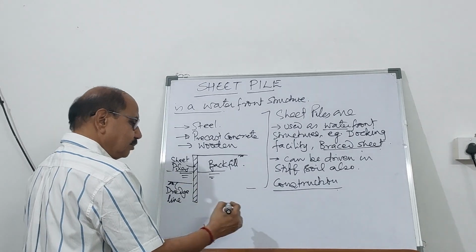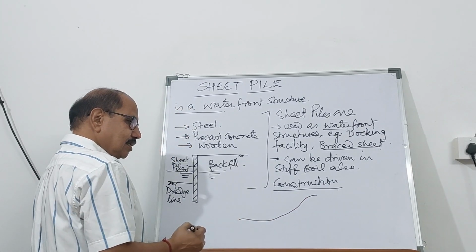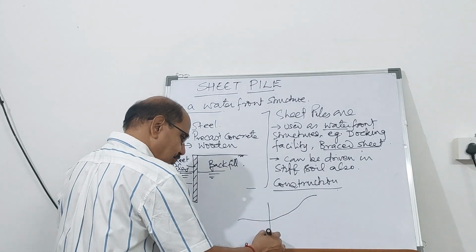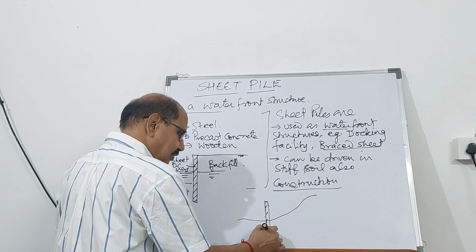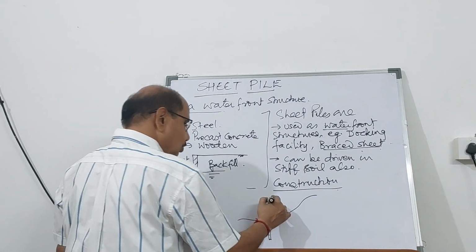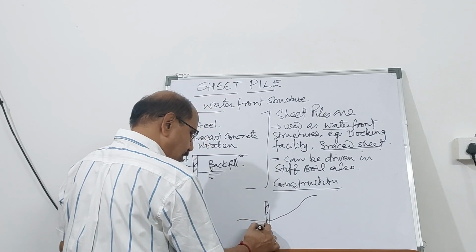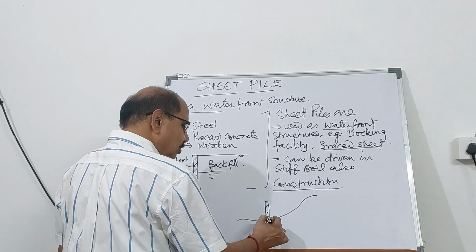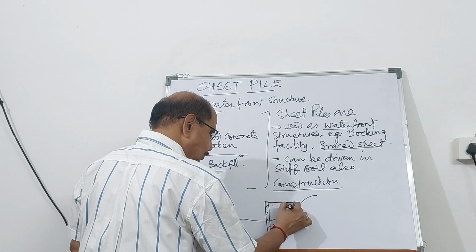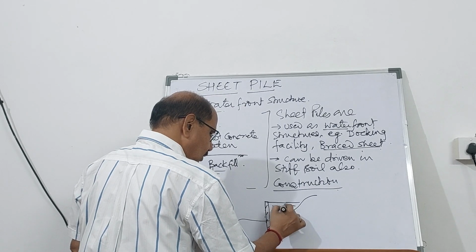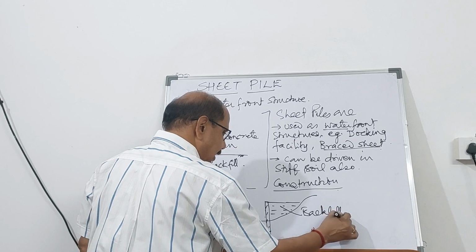Construction of sheet pile. Let's say you have a zone like this, and you can drive the sheet pile here. There is the sheet pile, you have driven it, and then you can backfill it with the material. If you want to dredge it, you can dredge it also. And you can fill it. The backfill is normally sandy soil.